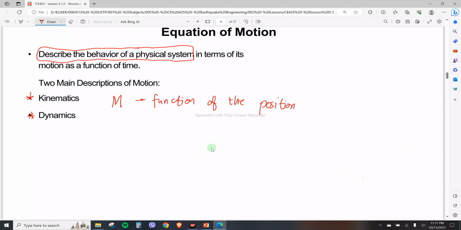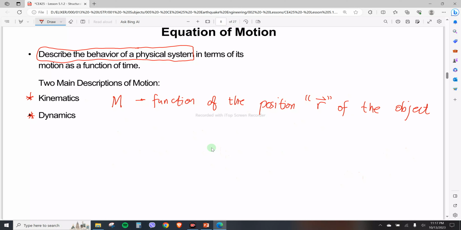I mentioned earlier that the equation of motion is a function of the position vector r of the object. So what is r?